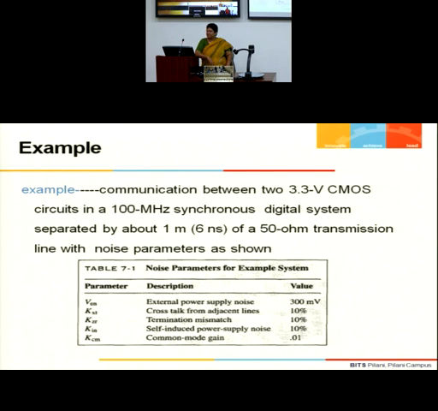So there is a communication between two blocks. It's an on-chip system. The signal is traveling from one end to the next end, and these blocks are operating with a voltage of 3.3 volts, and the frequency you want to achieve is 100 megahertz, with which the digital system must be operating.